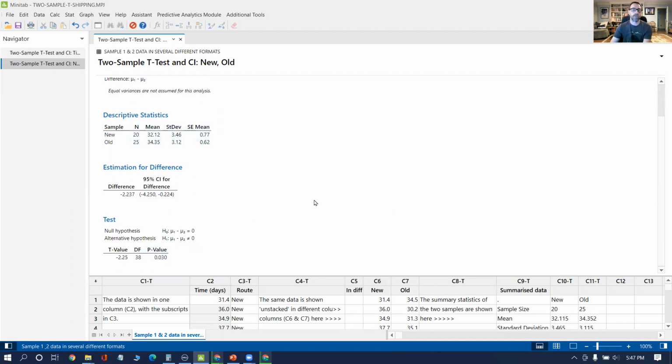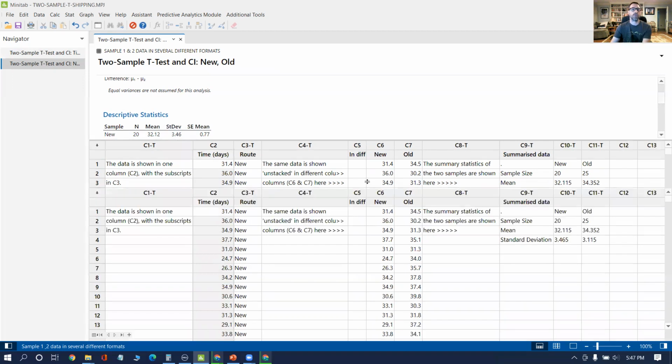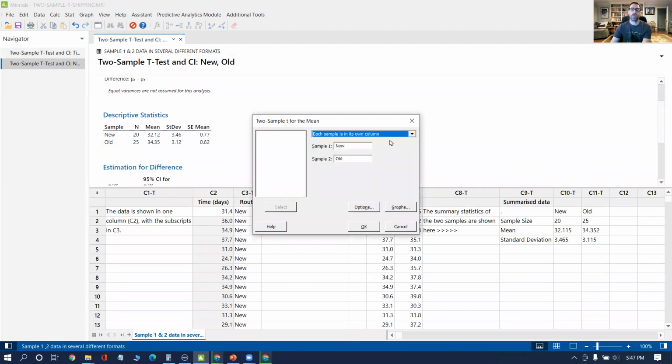So there are two ways of doing the test depending on how your data is arranged. Most of the time, you're going to have both groups in one column. If they're in separate columns, you can still do the same test. You just choose a different default right here, and you say each sample in its own column. But typically, it's going to be in one column.